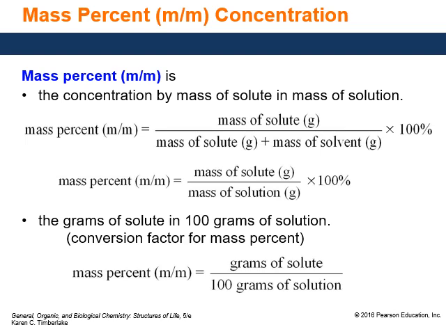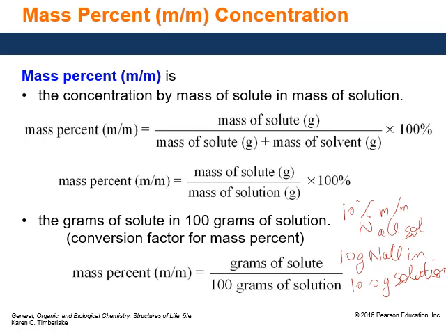Okay, what does that mean? So for instance, if I tell you I have a 10% mass over mass NaCl solution, okay, what does that mean? That means I can convert this into a conversion factor where I would have 10 grams of NaCl in 100 grams of solution.